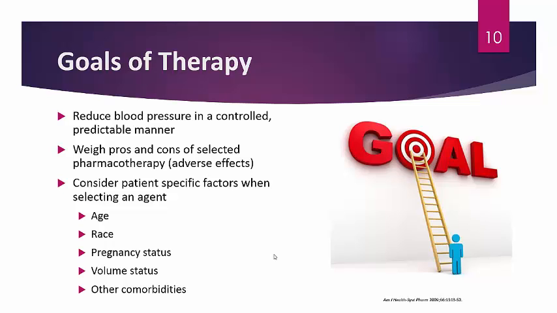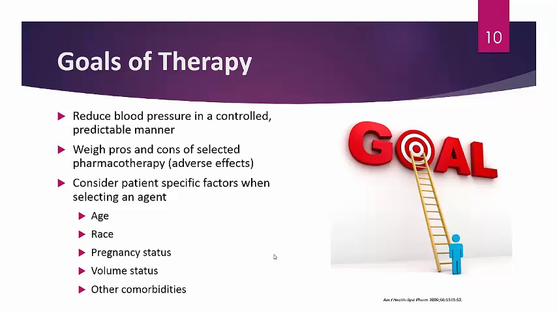Certain differences between patients' race may also play a factor. One of the examples we'll talk about is with Enalaprilat. Pregnancy status is also important in regards to treating hypertensive crisis, as a lot of medications that we have available are actually contraindicated in pregnancy.